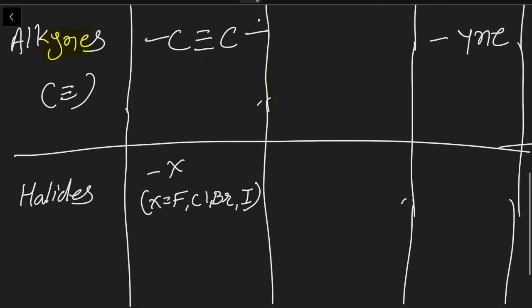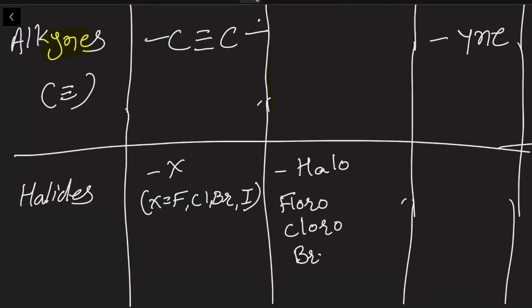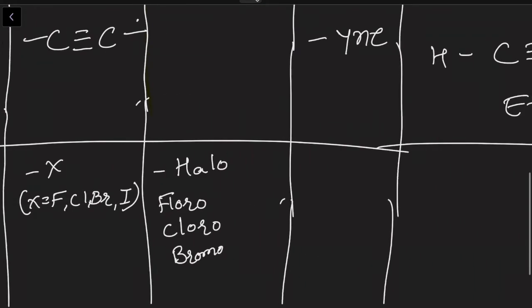All right, and it has a prefix. It's called halo for X. So for fluorine, it's fluoro. For chlorine it's chloro. Bromine is bromo, and so on.